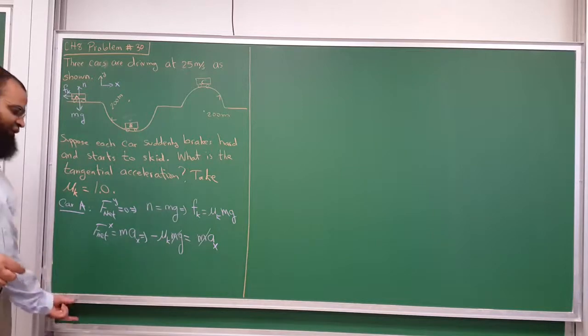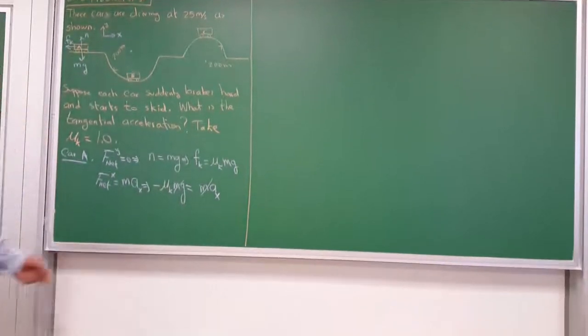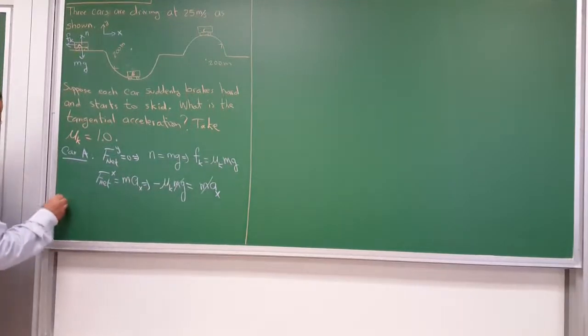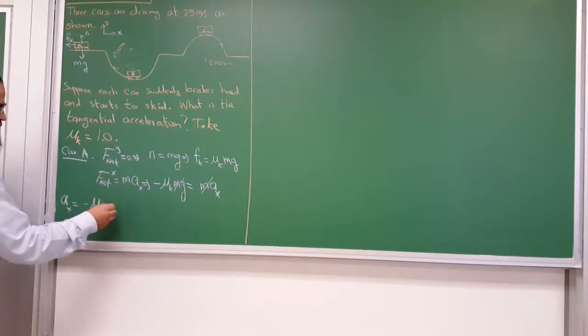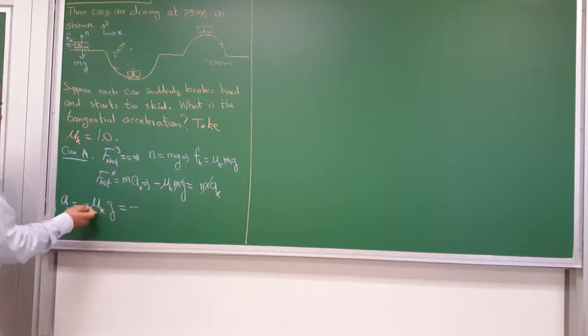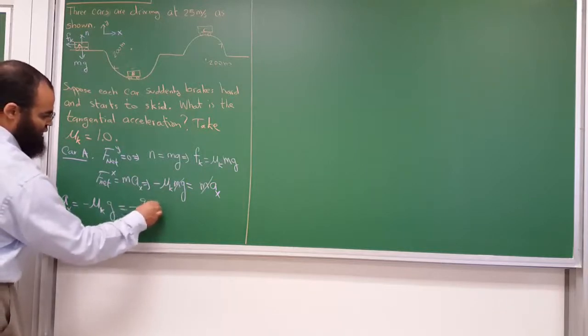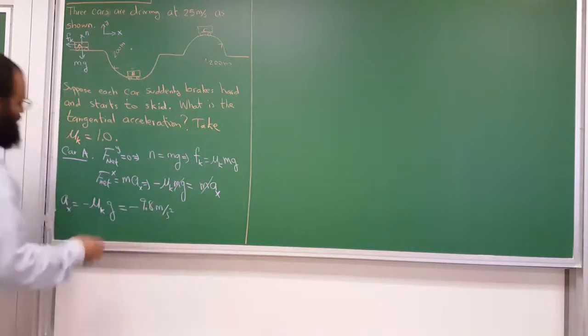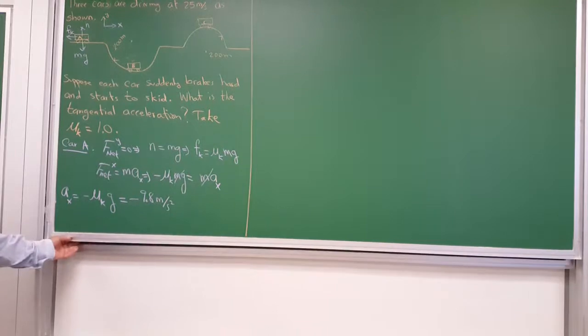It cancels anyway. And so the acceleration is simply equal to minus mu k times gravity. Mu k is 1 times 9.8, so it's just negative 9.8 meters per second squared. So that's the tangential acceleration for this one, along the x direction.